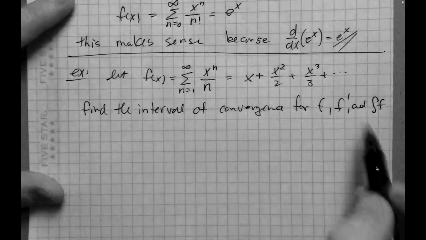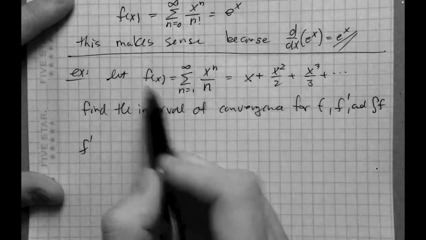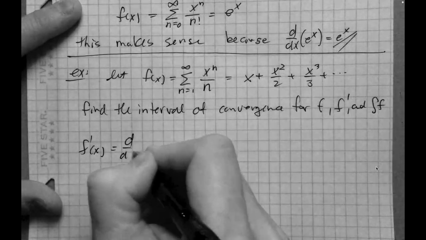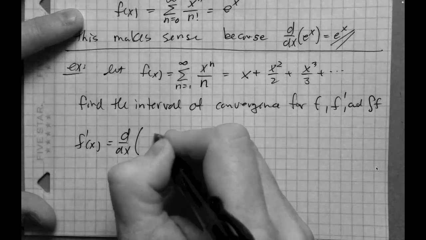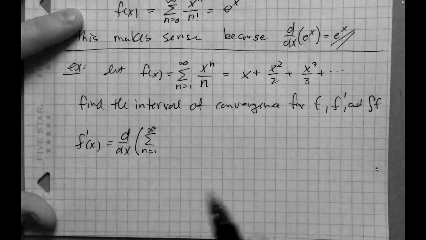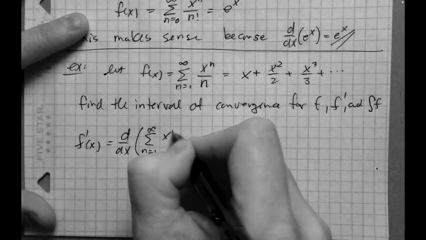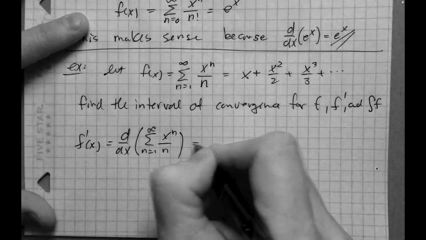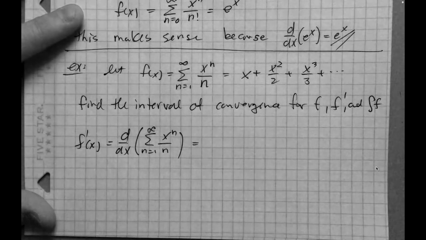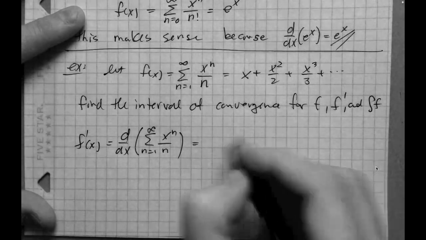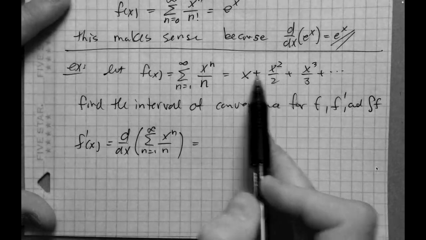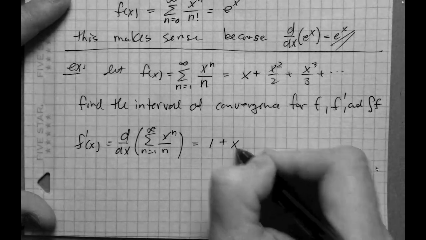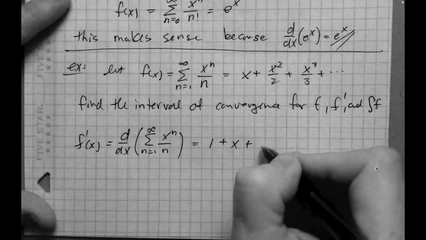First let's find f prime. We're given f, so let's find f prime of x. That's the derivative of the sum from n equals 1 to infinity of x to the n over n. Differentiating each term, you get 1 plus 2x over 2, so 1 plus x plus x squared plus x cubed.